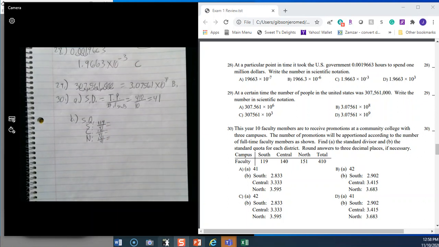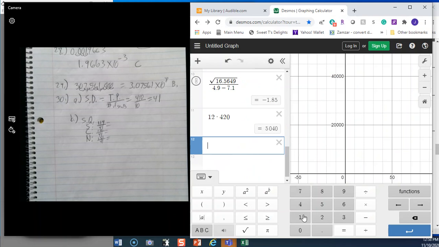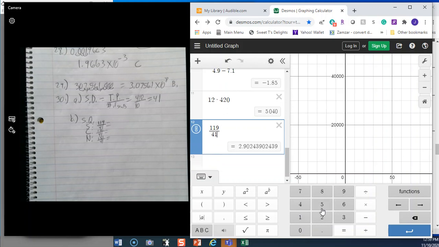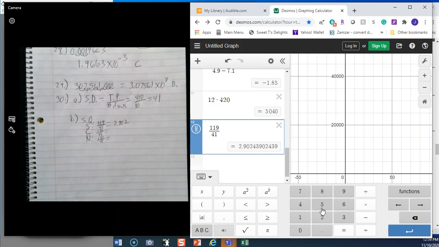Now, they told us to round the answers to 3 decimal places. So we need to get our calculator. So we would take 119 divided by 41. That'll give us 2.902. Then we would take the 140 divided by 41.